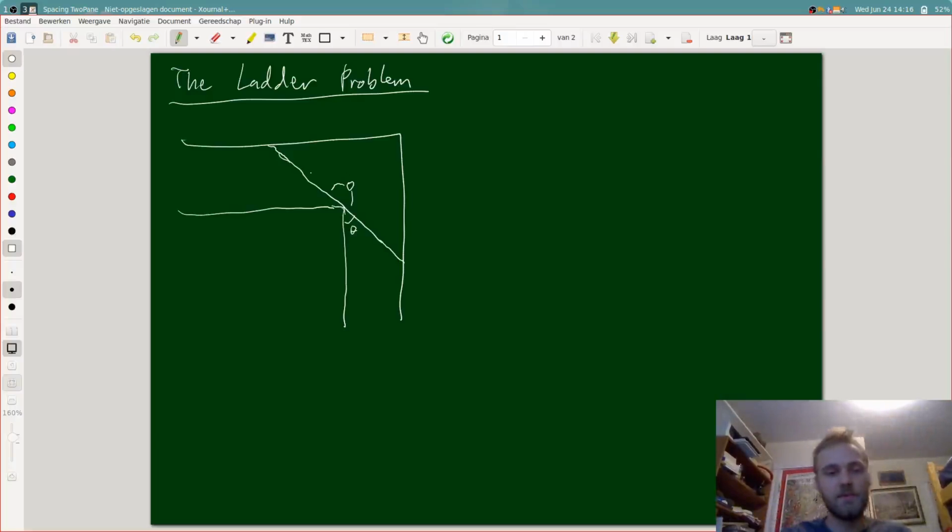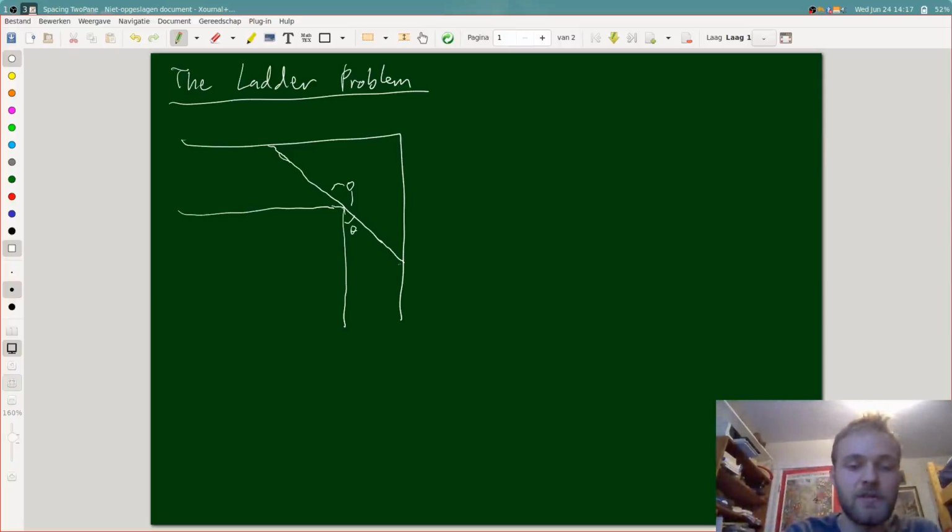And if a ladder can fit at every angle theta, then you can get it around the corner. So what we need to do is find the angle theta for which this ladder fit is minimal. Okay, so now we have a minimization problem. And this we know how to do with calculus.